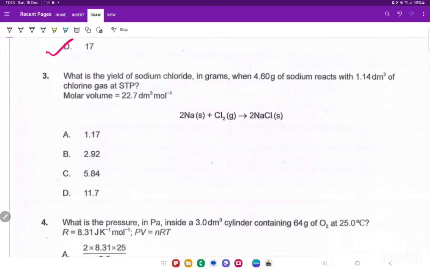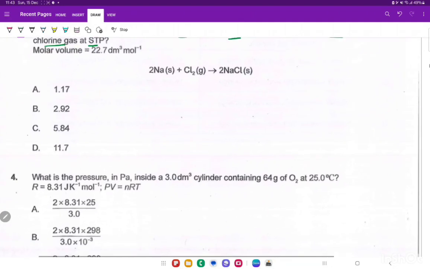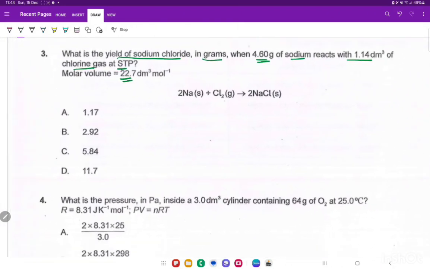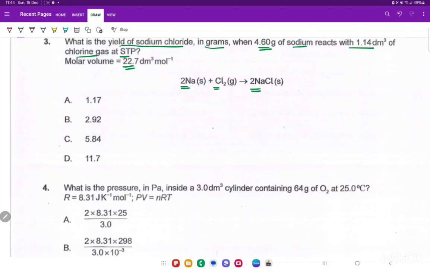What is the yield of sodium chloride in grams when 4.60 g sodium reacts with 1.14 dm cube of chlorine at STP, and the molar volume given is 22.7? According to this equation, 2 moles of sodium react with 1 mole of chlorine to form 2 moles of sodium chloride. The mass is 4.60, so moles of sodium is 4.60 divided by the molar mass of sodium, 23.